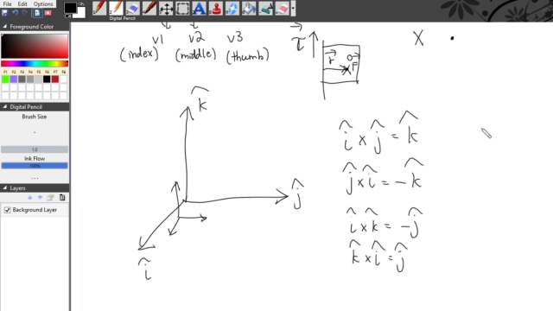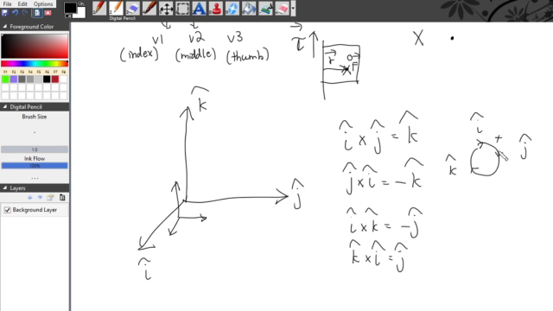You can draw a little diagram to help memorize it. This direction is positive, and if it goes the other way, it should be negative. So i hat times j hat is k hat, and k hat times i hat is j hat.